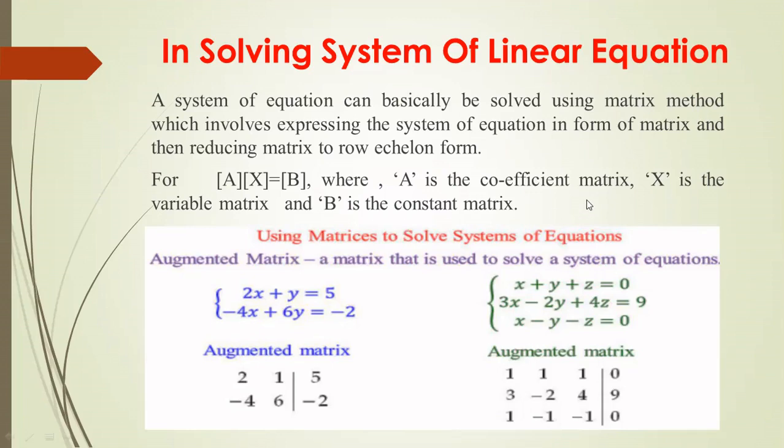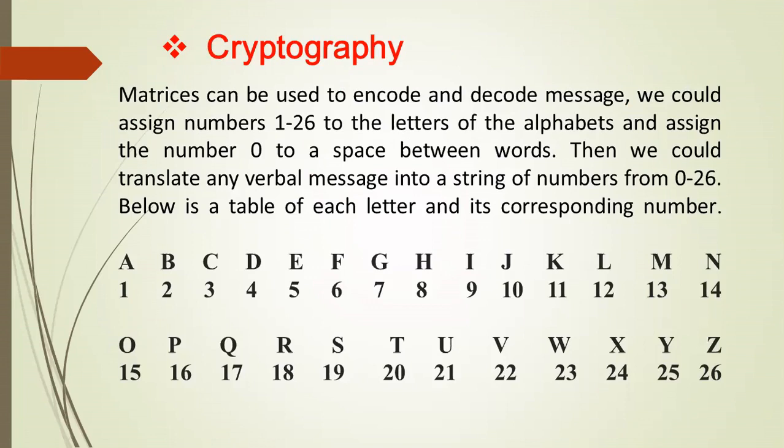A very famous use of matrices is in cryptography. Matrices can be used to encode and decode messages. We could assign the numbers 1 to 26 to the letters of the alphabet and assign the number 0 to the space between words. Then we could translate any verbal message into a string of numbers from 0 to 26.